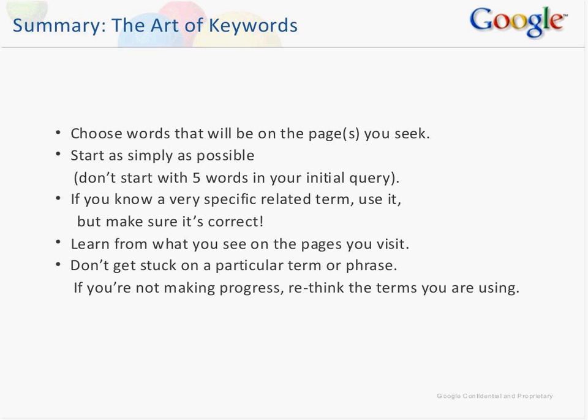So let me summarize here really quickly. Choose words that are going to be on the page. Put yourself in the mind of the person who writes that web page. So don't start with 5 or 10 words. Probably don't need to ask questions like, who is the author of Great Gatsby? If you just say author of Great Gatsby, you probably got it in the first place. If you know a very specific term, probably could use it.